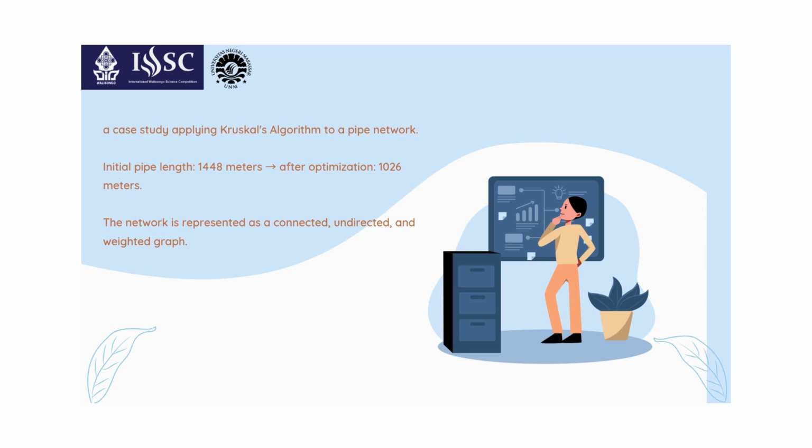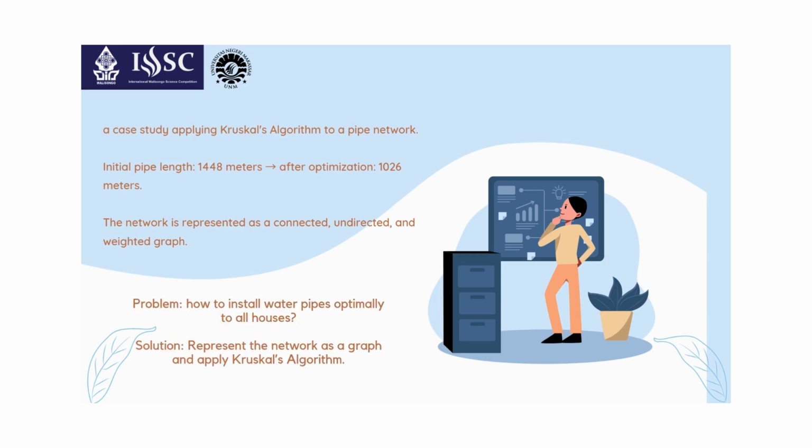The initial pipe length is 1,448 meters, and after optimization it is 1,026 meters. The network is represented as a connected, undirected, and weighted graph. The problem: how to install water pipes optimally to all houses. The solution: represent the network as a graph and apply the classical algorithm.